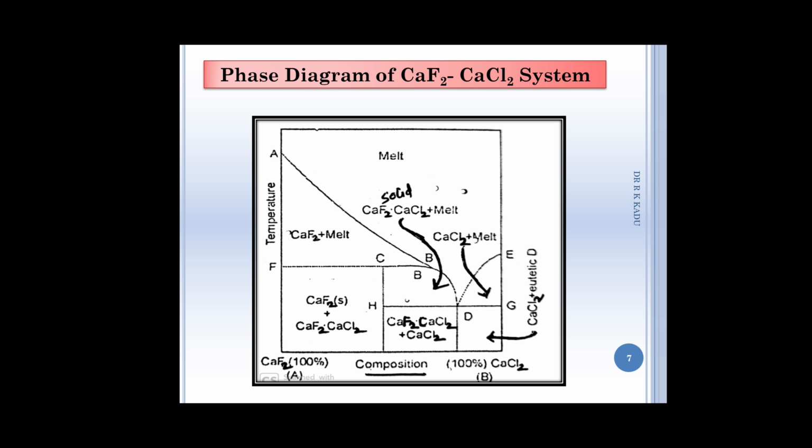In this phase diagram, different curves, different points and different areas are present. So, we will discuss briefly the curves, points and the areas. So, let's start with the curves. In this phase diagram, three different kinds of curves are present.